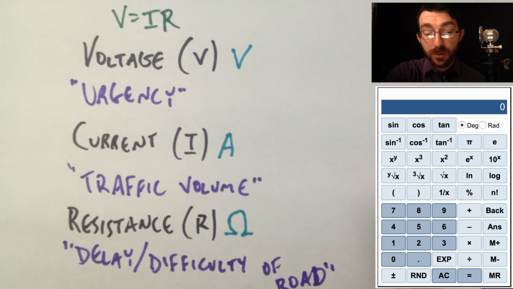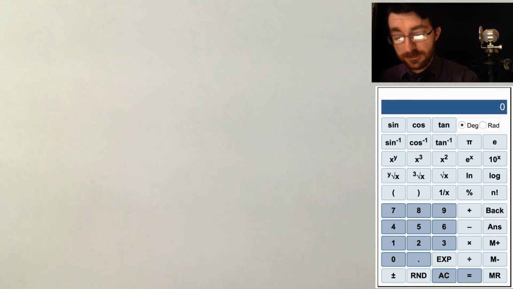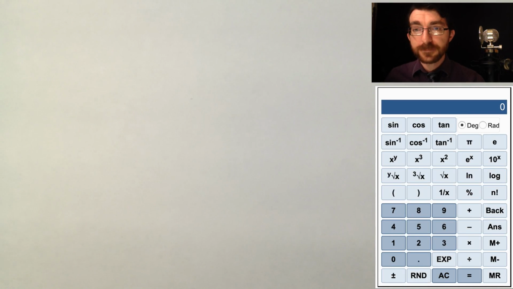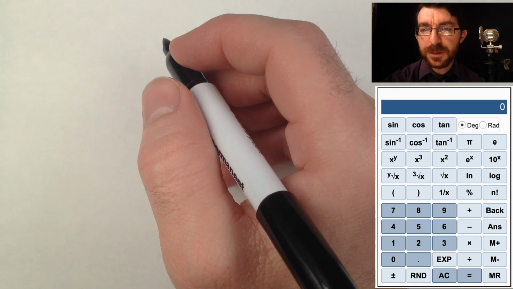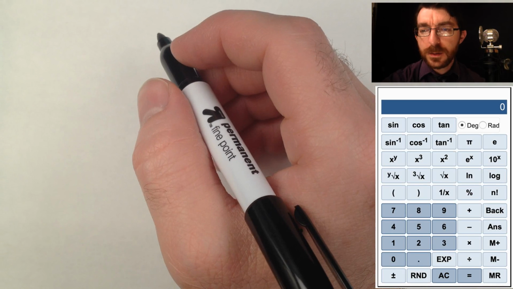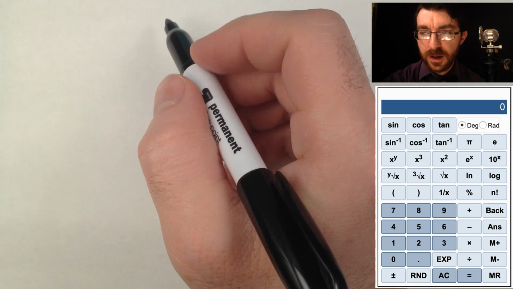So let's go ahead and do a fictional circuit. Okay, so every circuit needs a start and an end. I'm going to follow the model of the problems that I gave you, and I'm just going to draw the circuit with a start and an end like this.